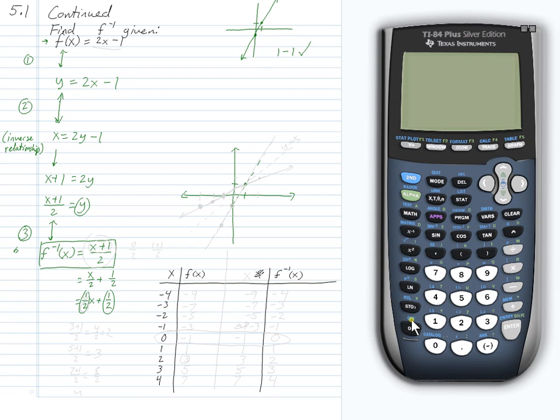And I'll graph this as a dotted line. Our inverse has a y-intercept at 1/2 and contains the point, let's see, we would rise 1 and run 2. So if we rise 1, we'll be up at 3/2 and run 2.